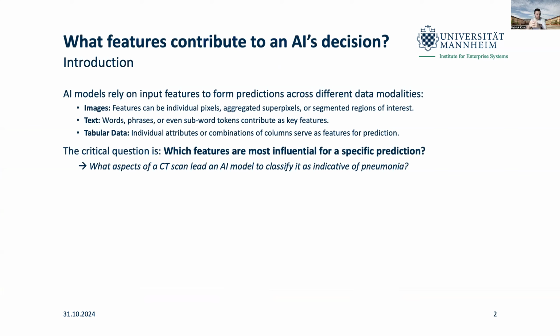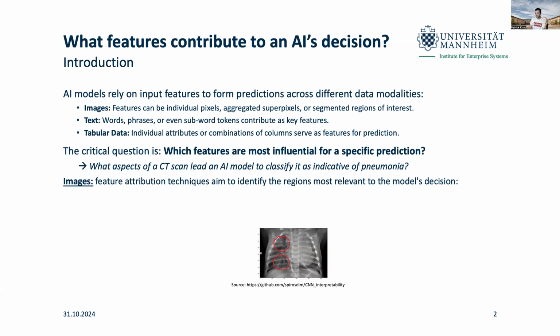For text, we have words, phrases, and for tabular data, we can use the individual attributes, or we can combine those attributes or use those columns themselves. However, there's now the critical question: which features are most influential for a specific prediction? For example, if we are in the medical image domain, what aspects of a CT scan lead an AI model to classify it as indicative of pneumonia, which is an illness in the lung?